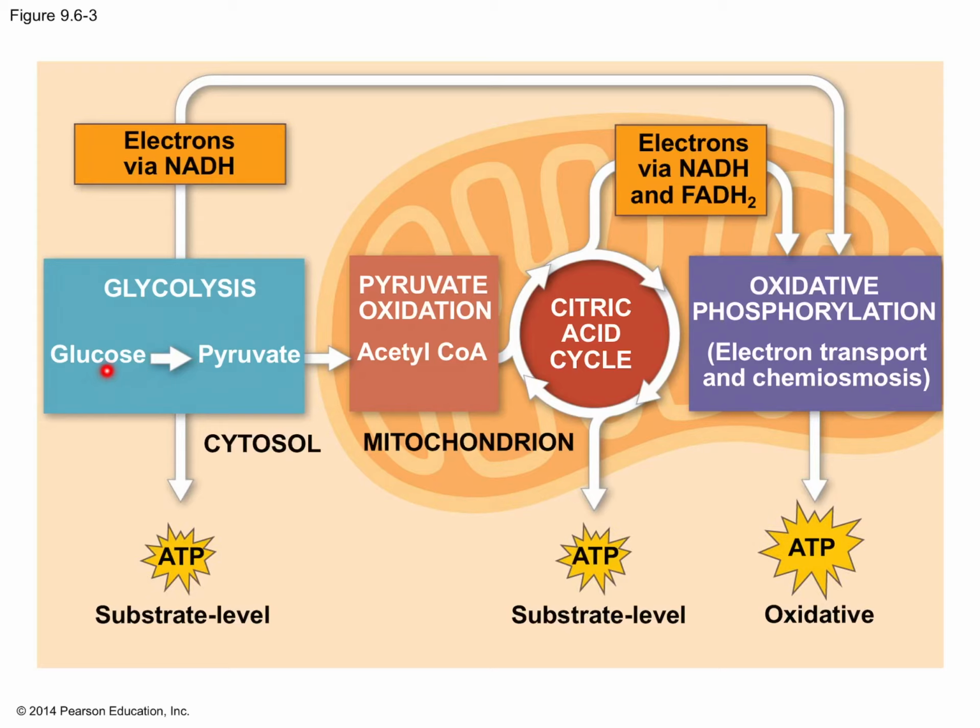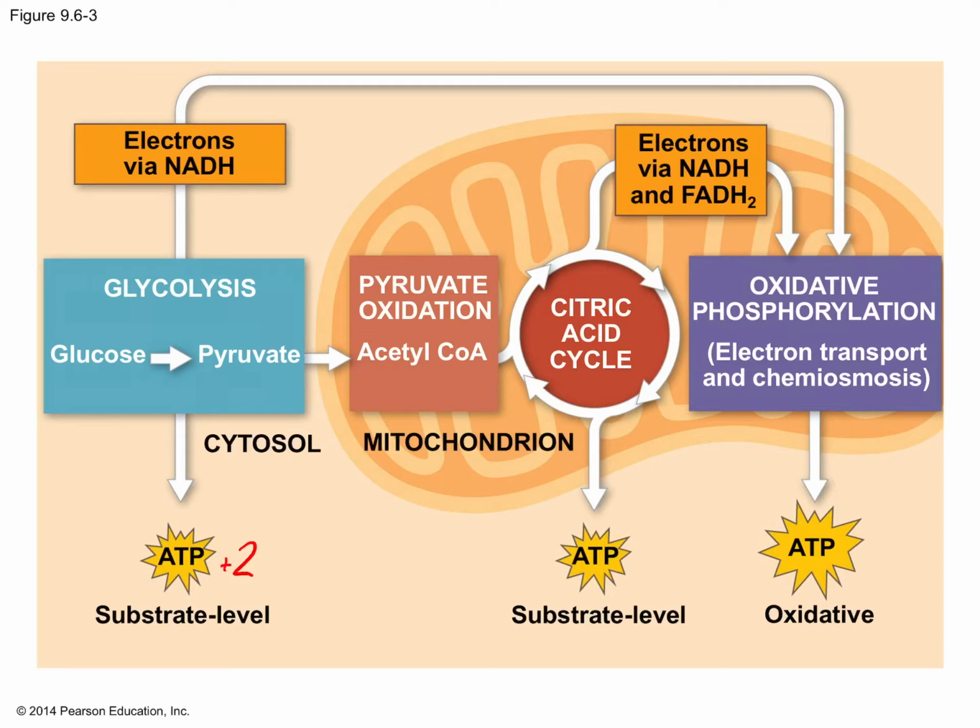C6H12O6. If you sort of snap that in two through the process of glycolysis, you end up with 2 molecules of a 3-carbon sugar called pyruvate. So take a 6-carbon molecule, snap it in two, you get 2 3-carbon molecules. They're called pyruvate.